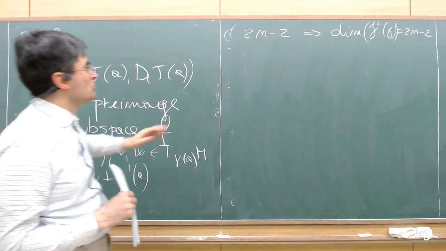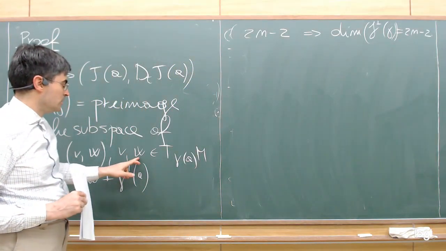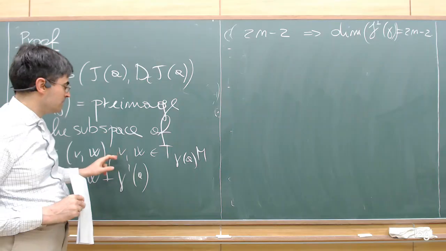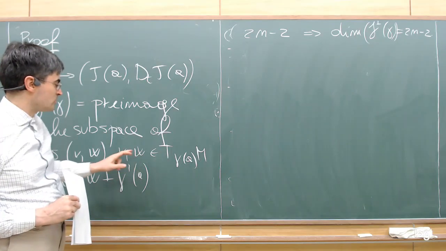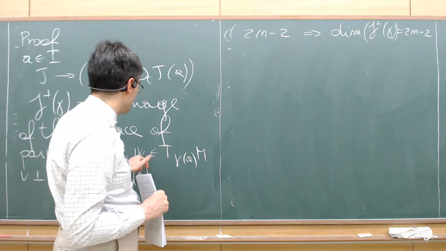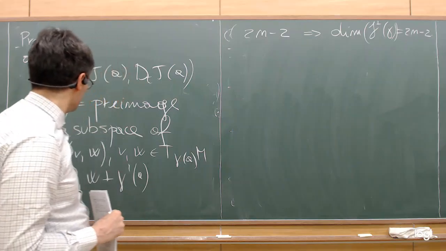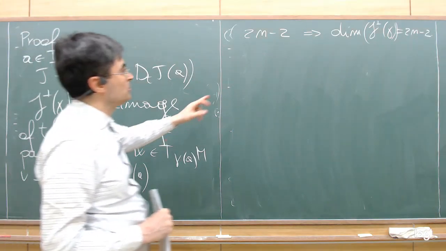And of course the number 2n comes from all the possibilities you have for choosing V and W. The choice of V and W depends on 2n parameters, so you decrease this number by 2 and you get the dimension.